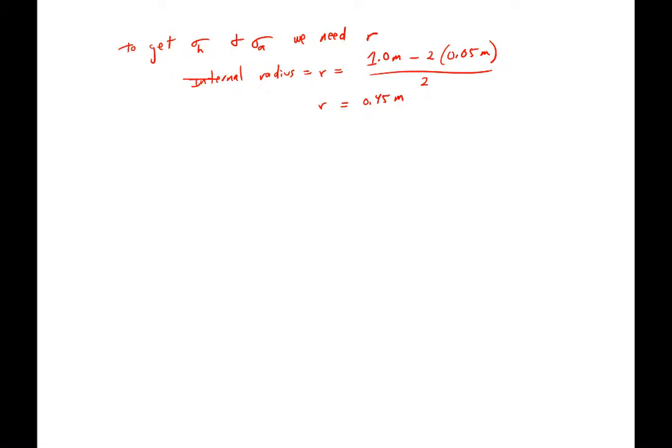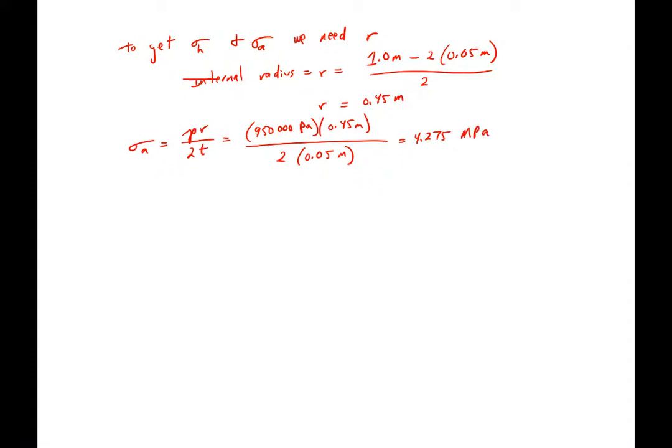So then if we compute the axial stress, that's going to be our internal pressure times r over 2t. Our internal pressure is 950,000 pascals, our radius is 0.45 meters, and our wall thickness is 50 millimeters, so 0.05 meters. That's going to give us 4.275 megapascals if we do the math there.